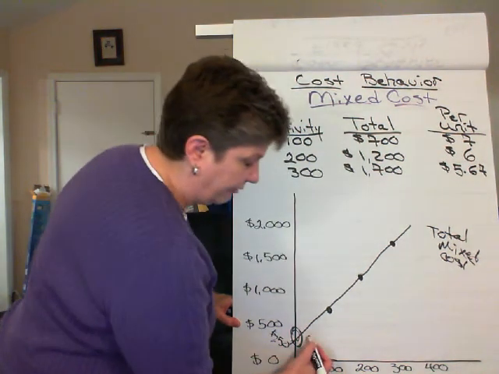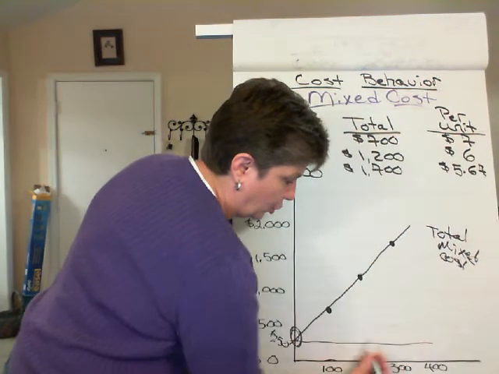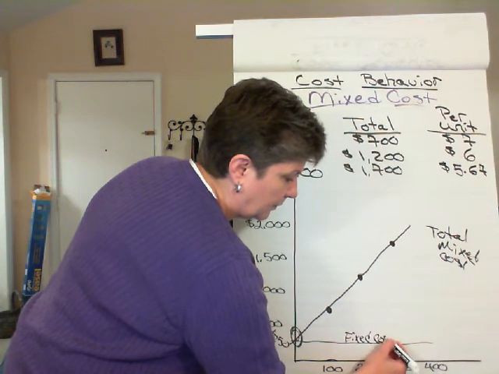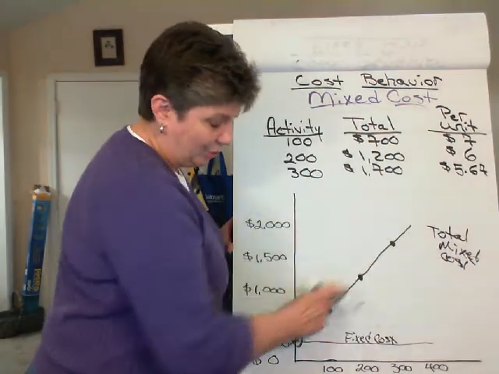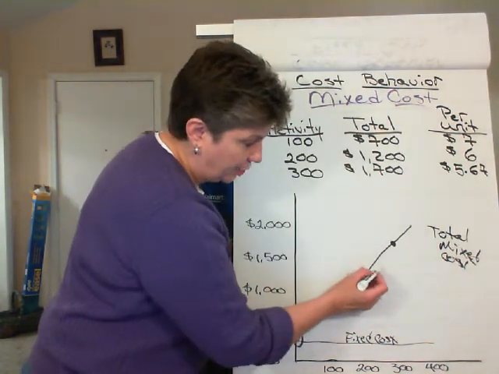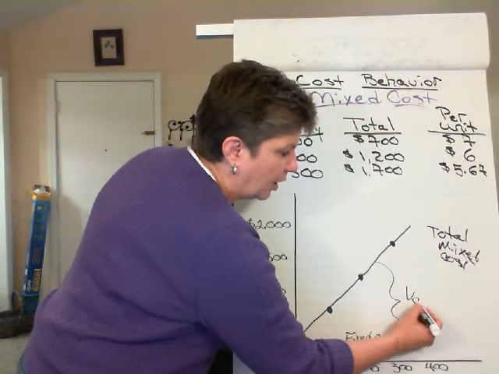That is our fixed cost portion of the mixed cost. And the change in the total cost line from this point of intersection, this change is our variable cost portion.